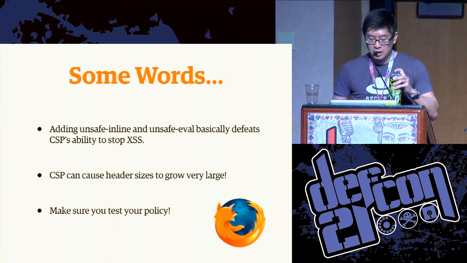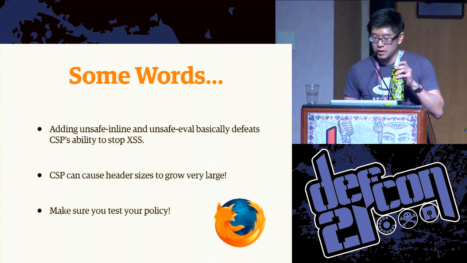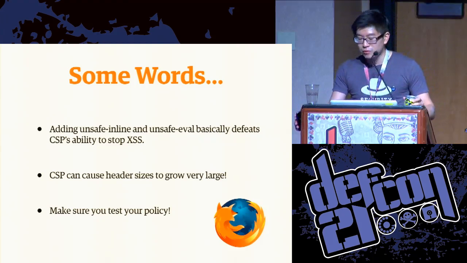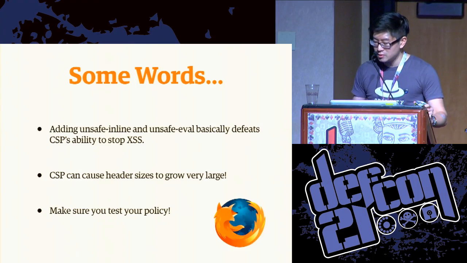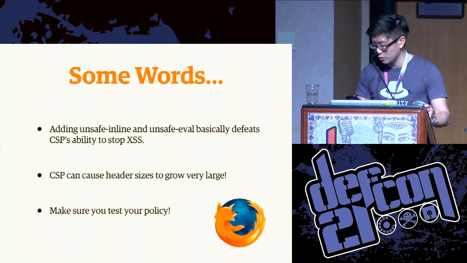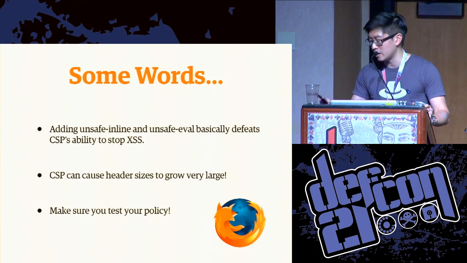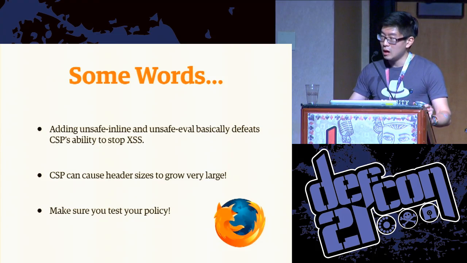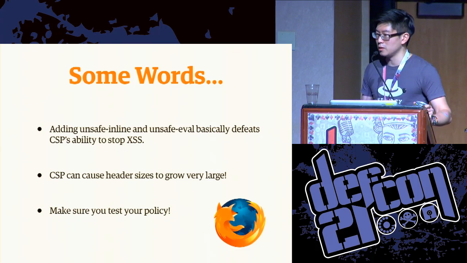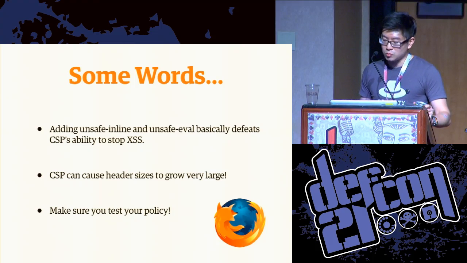So a couple additional thoughts about content security policy. As I mentioned before, unsafe-inline and unsafe-eval essentially severely nerf the protective abilities that content security policy gives to you. So it's important when deploying a content security policy to consider whether or not you should include these directives in your policy.